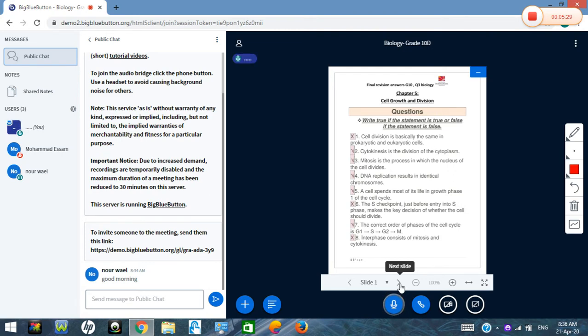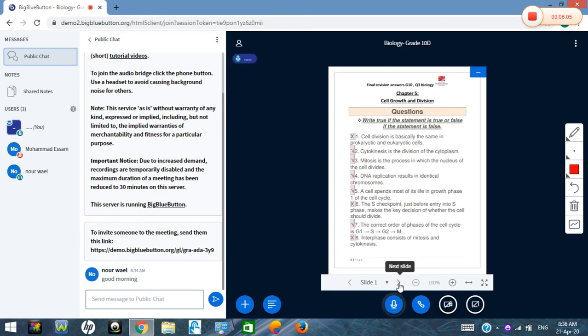During G2, some life processes occur and most of the organelles are made, like endoplasmic reticulum, Golgi apparatus, ribosomes, lysosomes, vacuoles, and so on. So you must memorize and know the difference between G0, G1, G2, and S phase. Okay.